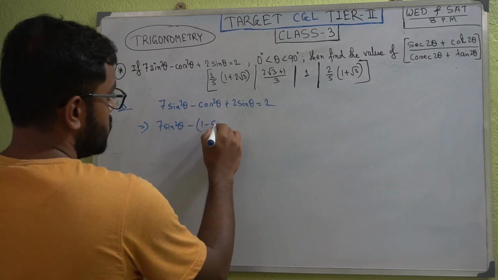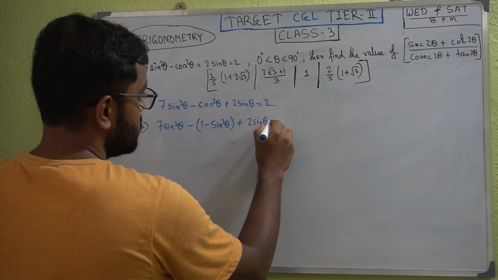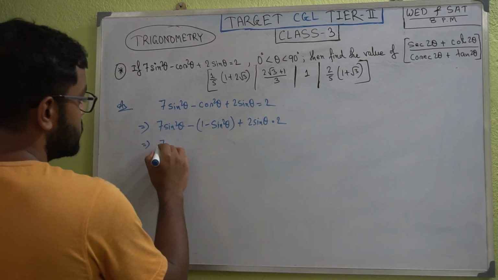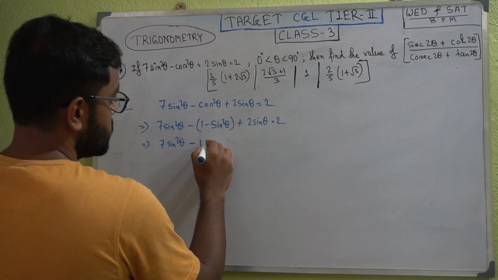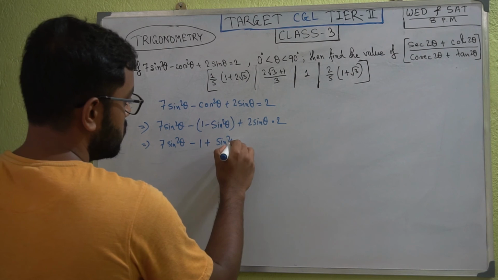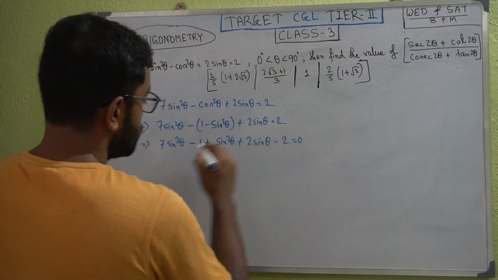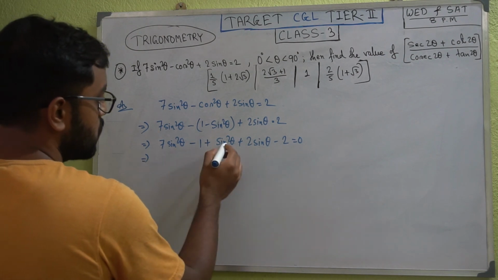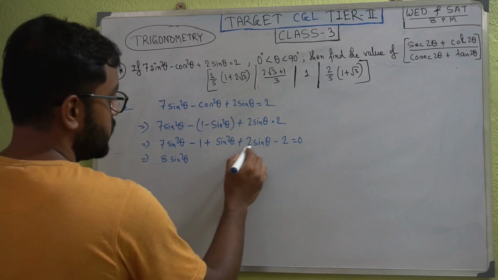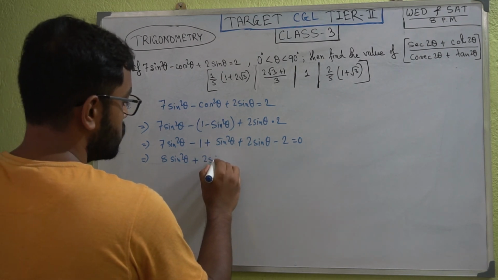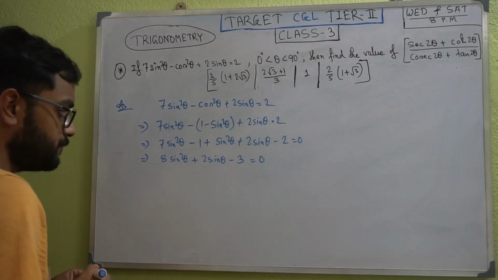So 7 sin square theta minus 1 minus sin square theta plus 2 sin theta equal to 2, that is 7 sin square theta minus 1 plus sin square theta plus 2 sin theta minus 2 equal to 0, that is 7 sin square theta plus sin square theta, that is 8 sin square theta plus 2 sin theta minus 3 equal to 0.